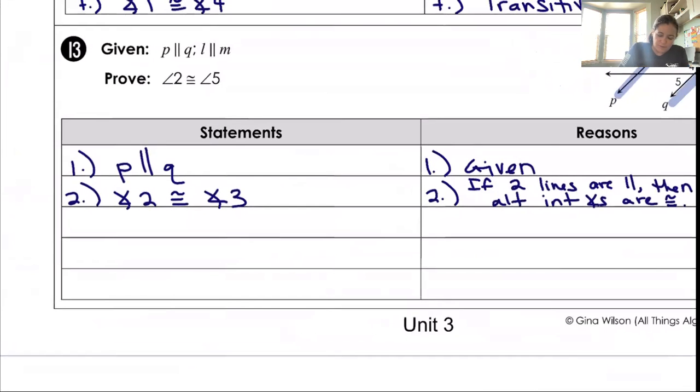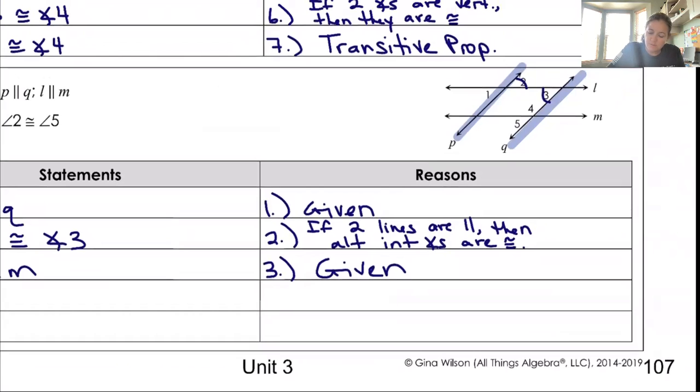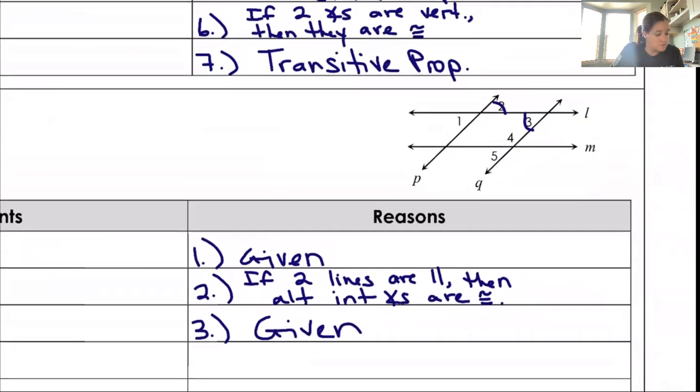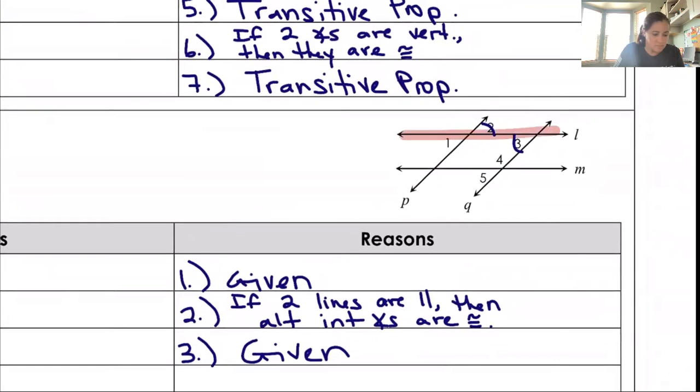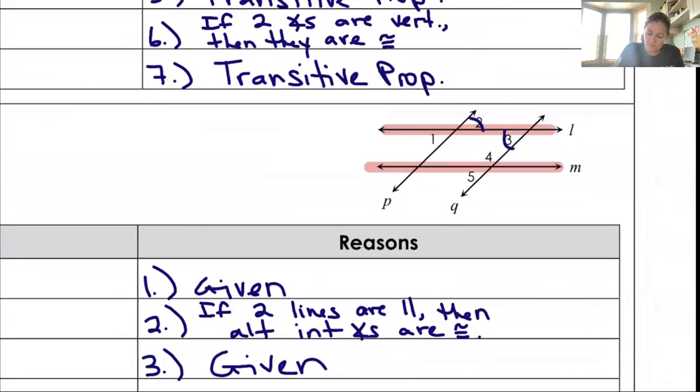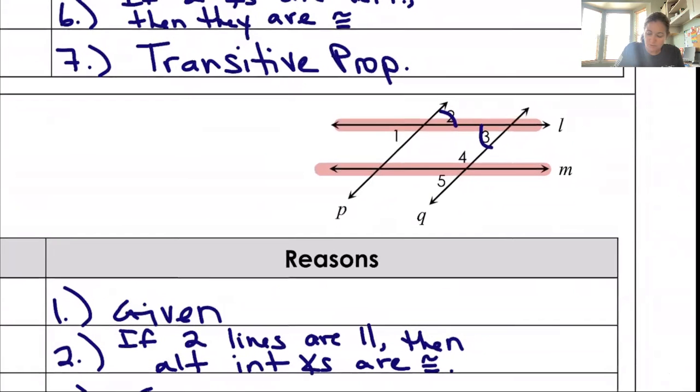All right, we also know L is parallel to M. I'm going to erase my highlight lines and re-highlight another set. So this time L and M. So let's see, 3 and 5 are congruent.